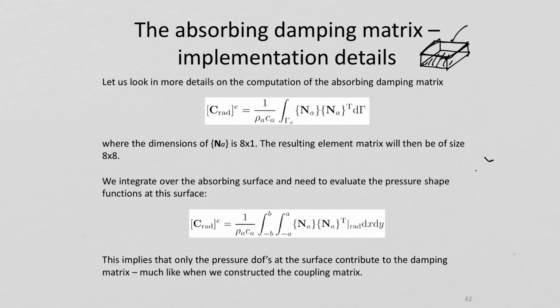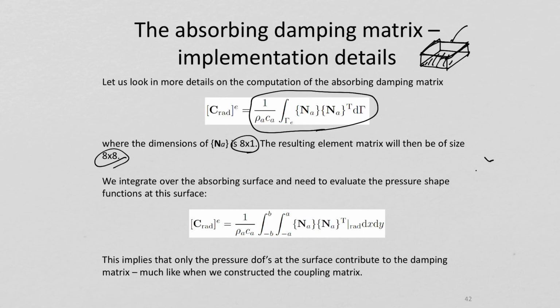Now, if we look back at what the element damping matrix was that represented this absorbing damping matrix, it took this form. So the shape functions are 8 by 1. That means that our resulting matrix will be 8 by 8.